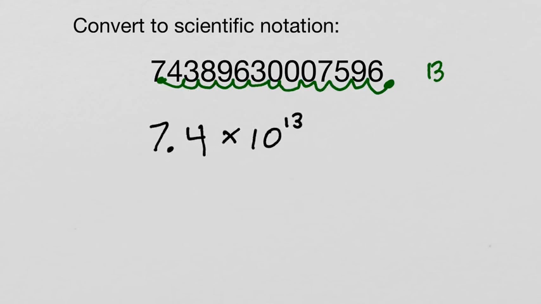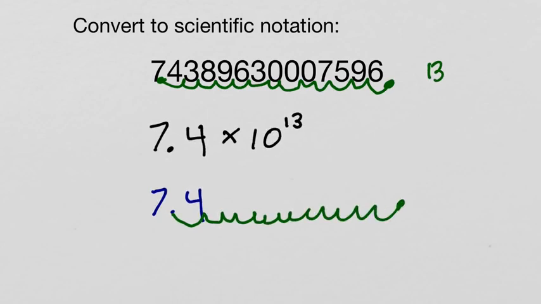Now, if you needed to take this number and convert it back into standard notation, you would simply take your 7.4 and move the decimal place to the right 13 places. 1, 2, 3, 4, 5, 6, 7, 8, 9, 10, 11, 12, 13. And fill in the rest with zeros.